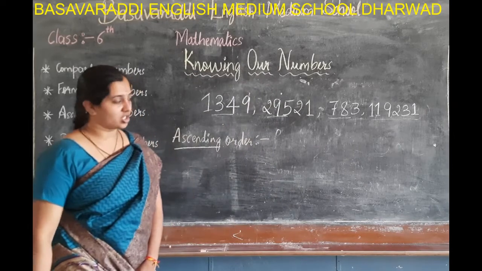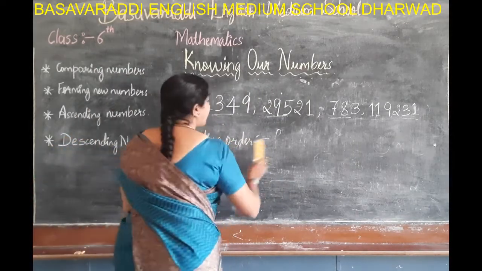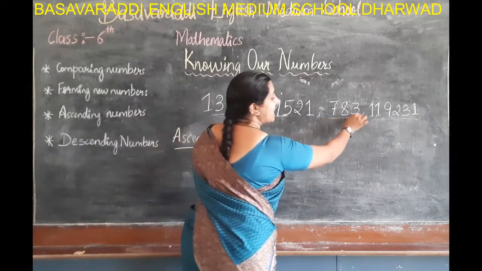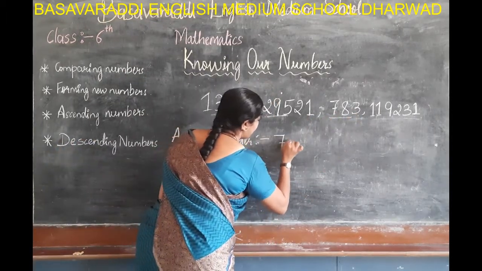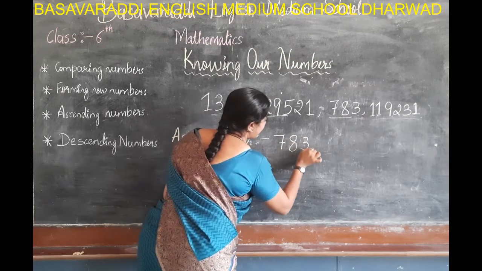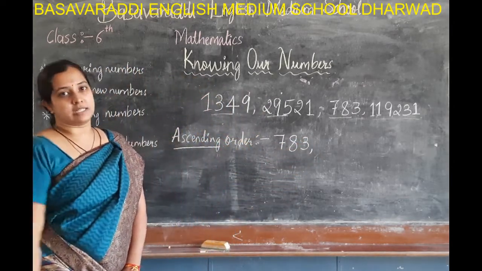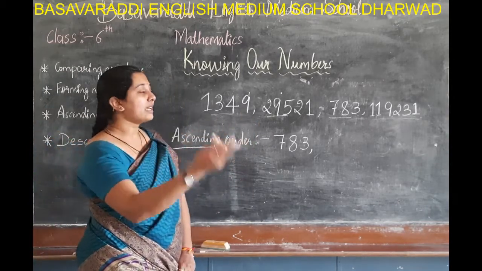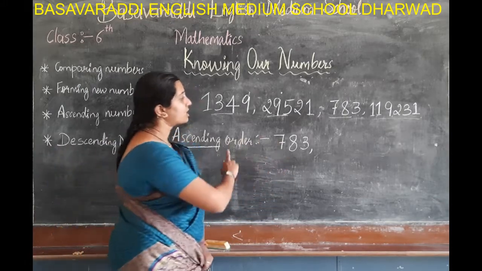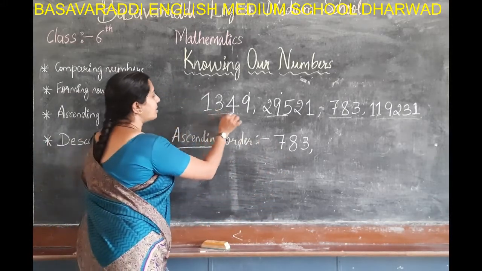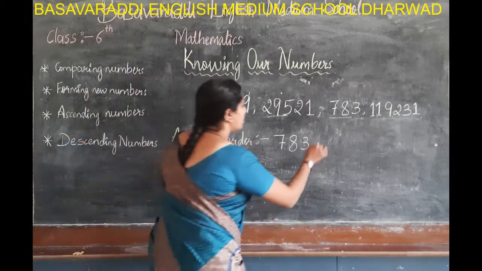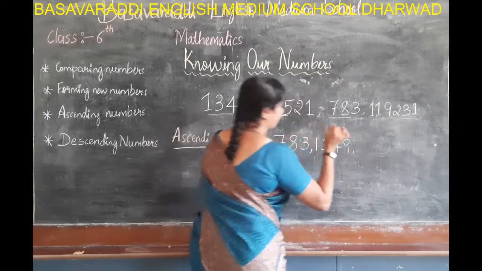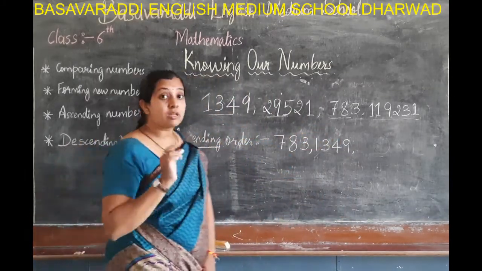So we conclude that 783 is the smallest number out of the given numbers. Correct? Then we go with the next one. Next we have the 4-digit number 1349.